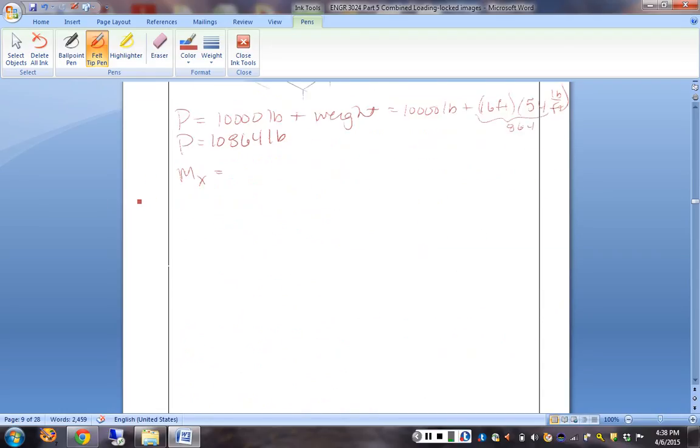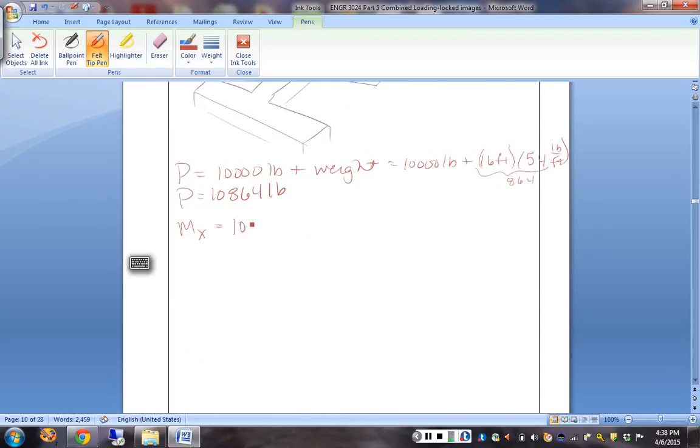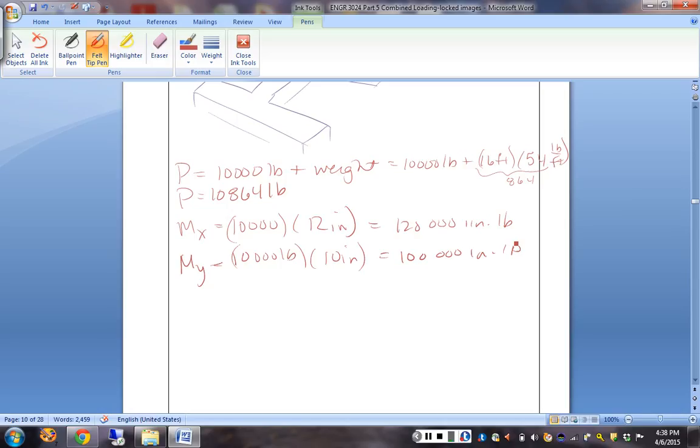So coming back down, moment about x is our 10,000 pounds times 12, or 120,000 inch-pounds, and our moment about y is 10,000 times our 10 inches. All right. So that is our internal reactions that are causing stresses.